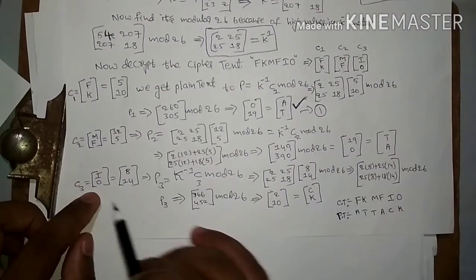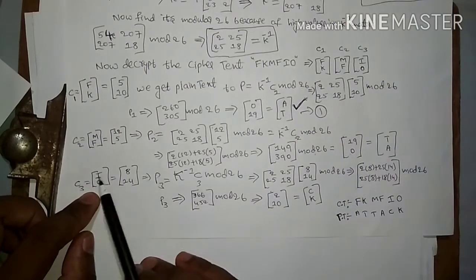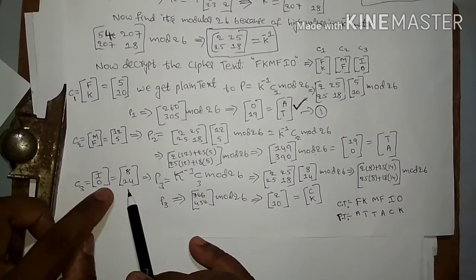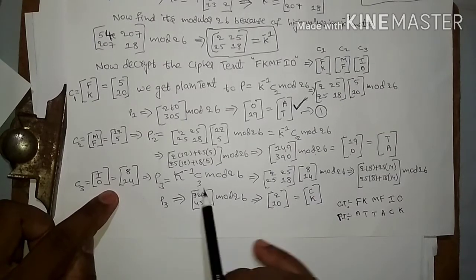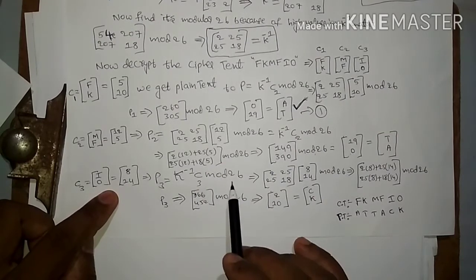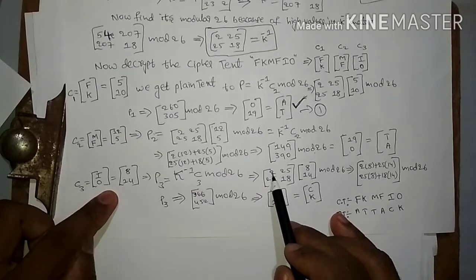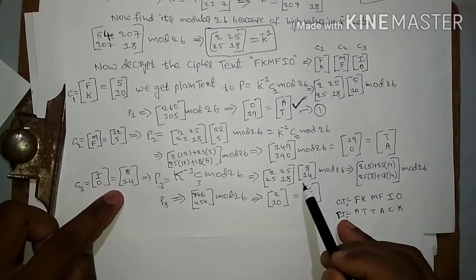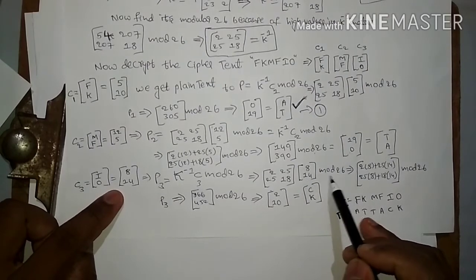Next, the last one is IO. I value is 8, O value is 14. Formula is k inverse into C3 mod 26. K inverse 2, 25, 25, 18 into C, 8 and 14.